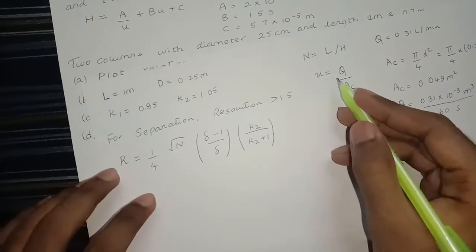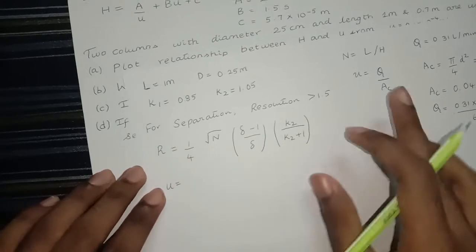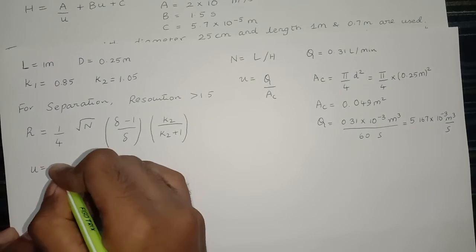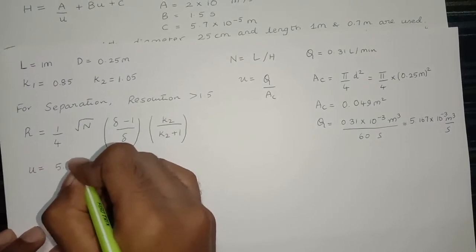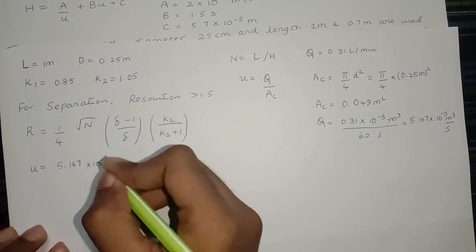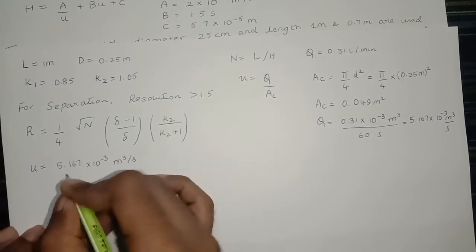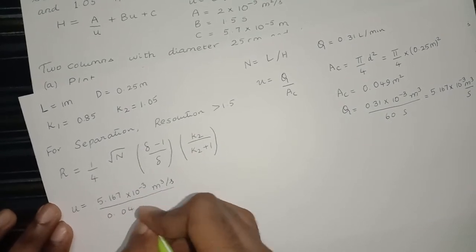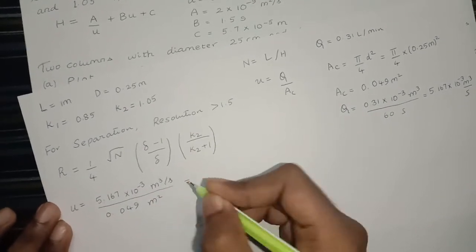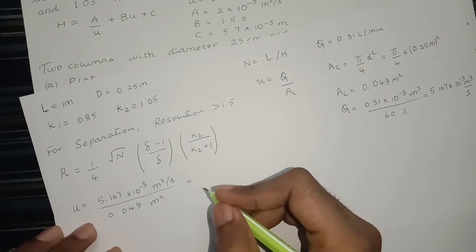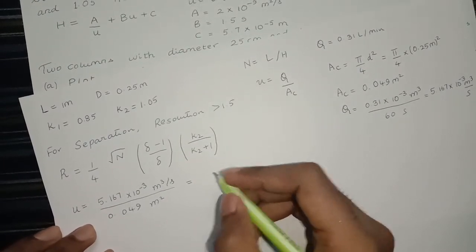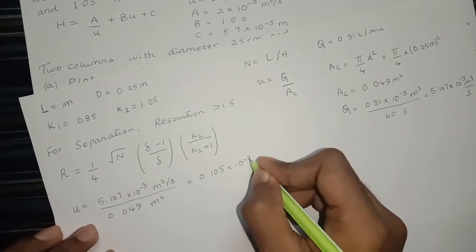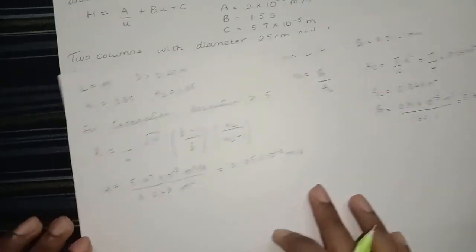Let's find the value of U. U is equal to Q, which we have in consistent units, 5.167 × 10^-3 meter cube per second, divided by the cross-section area in meter square. So the liquid velocity is around 0.105 × 10^-3 meter per second.